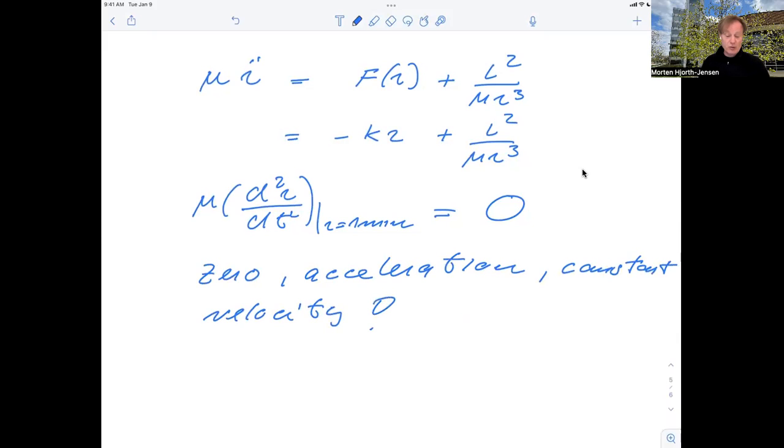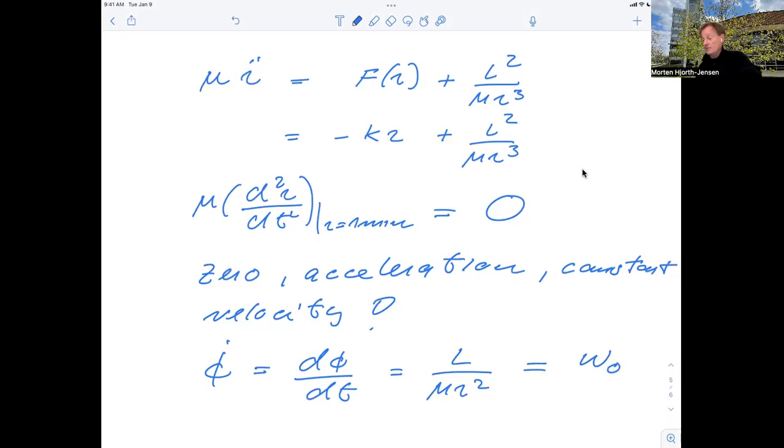Another thing which is very important for us: if we look at the function phi, the derivative of phi, the angle d phi dt, we know that this one is equal to L divided by mu r squared. And if we plug in the value at the minimum for r, we find that this is actually given by the natural frequency of the system.